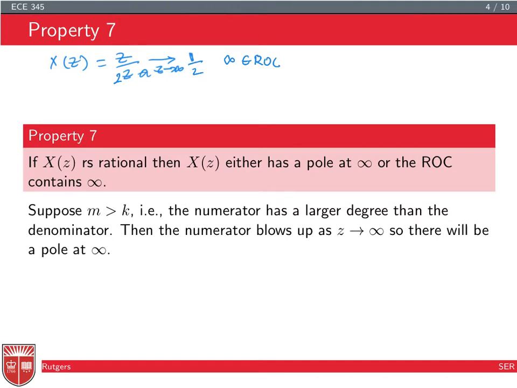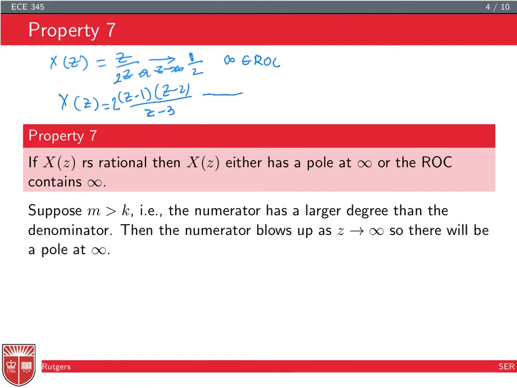Take another example: X(z) equal to z minus 1 divided by z minus 2 times z minus 3. Let's say there is a constant 2 here, just to make it look like a general example.